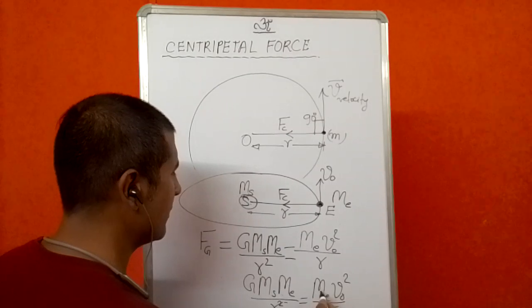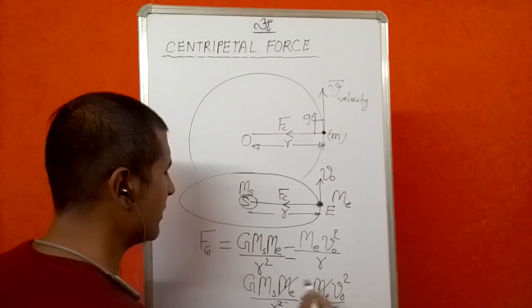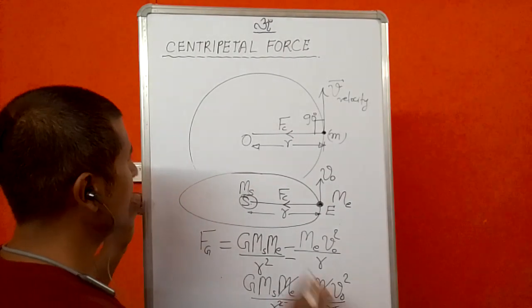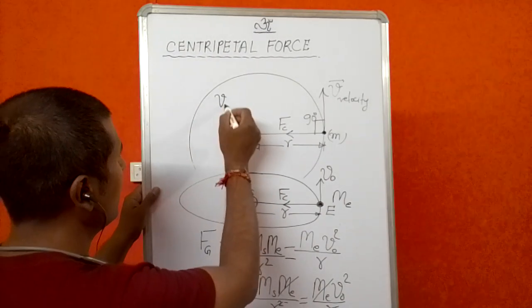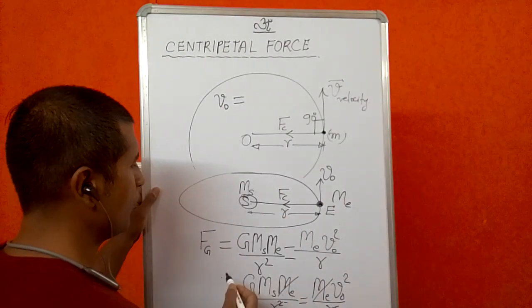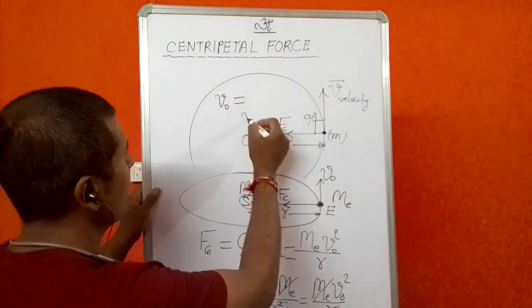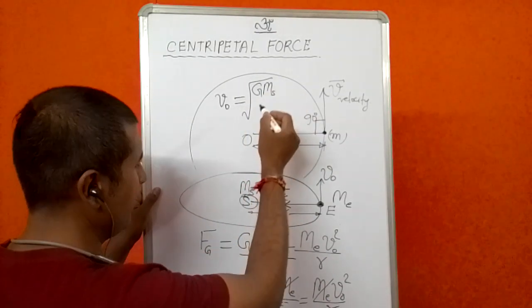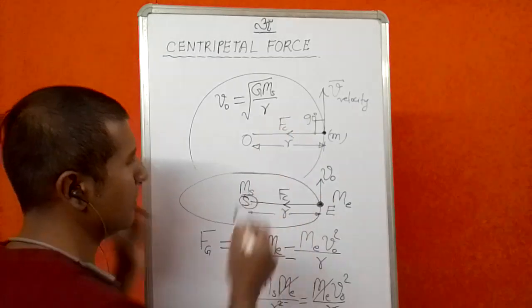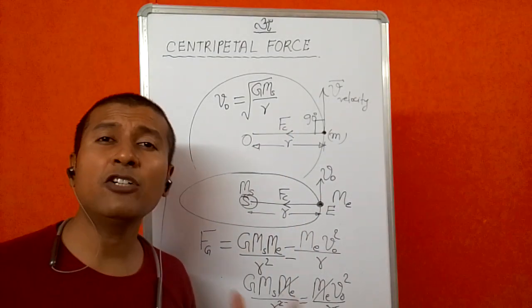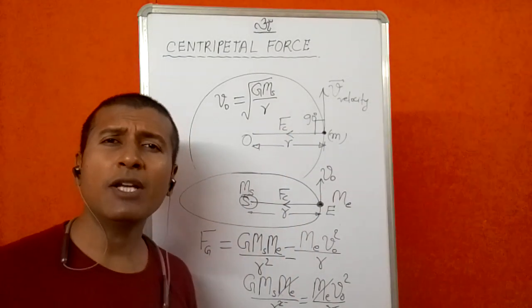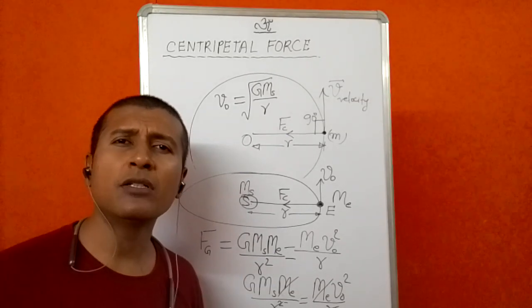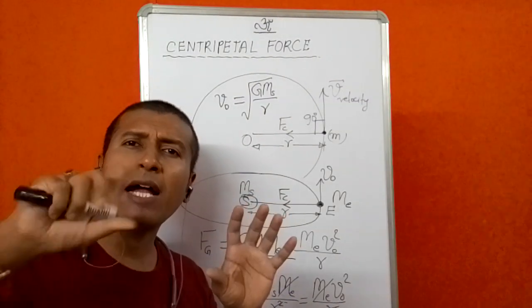Me and me will be cancelled. So what we will get? We will get vo is equal to square root of G ms upon r, right?